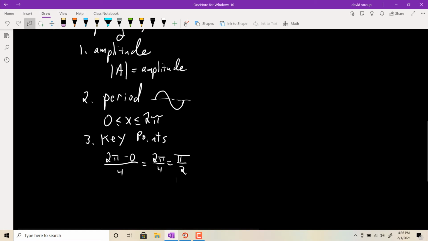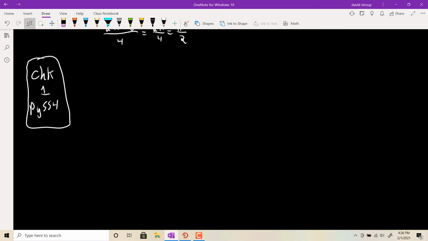Right. So let's do an example. This is, in the book, called Checkpoint 1, I guess. It's on page 554. And they want you to graph, let's see, page 554. This is kind of a long section. Oops, it's not 554.